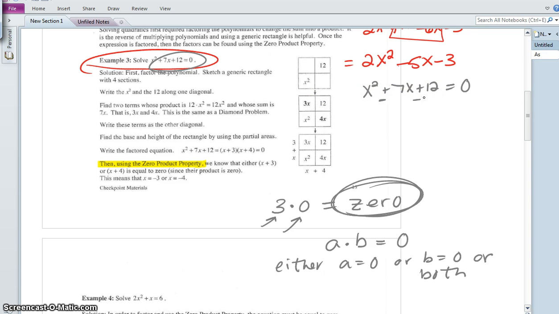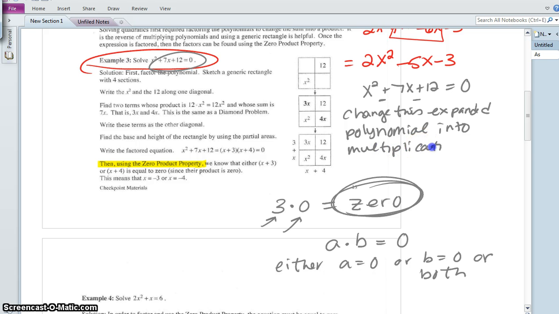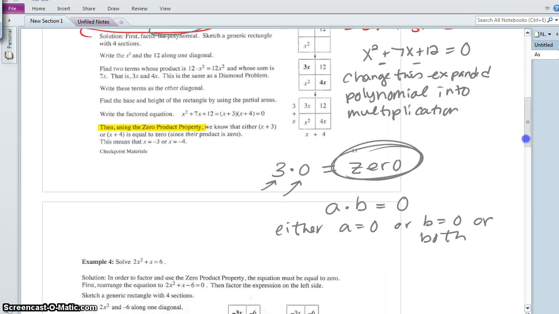If we can change this expanded polynomial into a multiplication expression, then we can apply the zero product property. So in order to do that, I need to factor it. This is what we call changing an expanded polynomial into a multiplied expression.